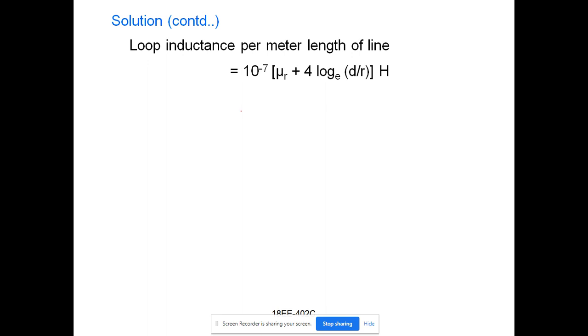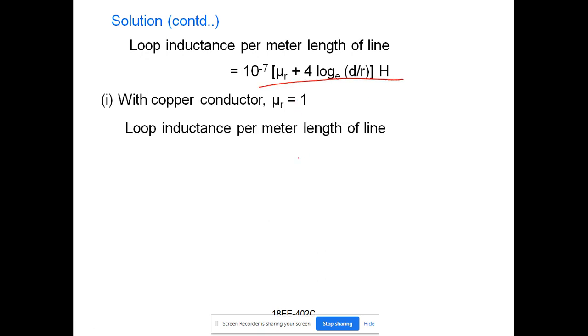We know the formula that loop inductance per meter length of line is equal to 10 to the power of minus 7 into mu r plus 4 log e d by r henries. Let us first find it for a copper conductor. For copper, mu r is 1. Substituting the data, we get 10 to the power of minus 7 into 1 plus 4 log e into 300 by 1 henries.